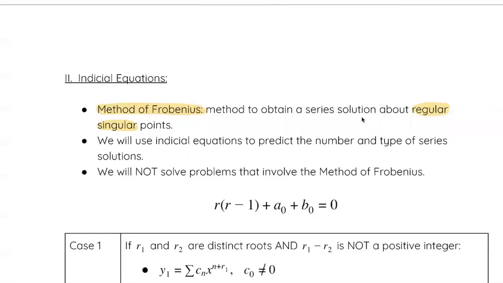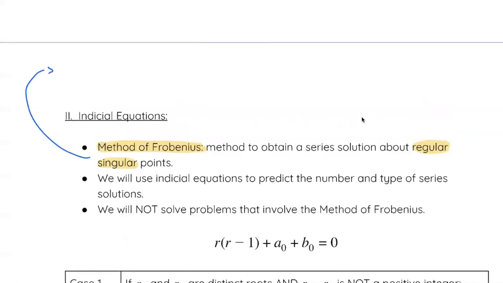And once I find this regular singular point, it turns out that Frobenius said, if you have this regular singular point, then there will be, and these are maybe some of the least favorite words in mathematics, at least one, all right, at least one solution of the following form.